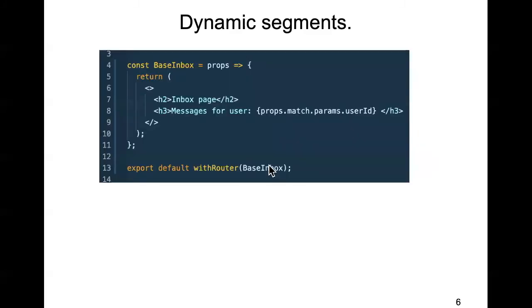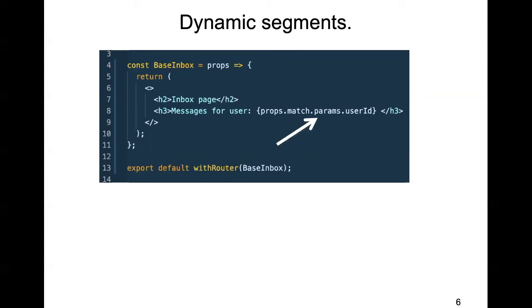Here I'm showing you our inbox component, and really all I want to do is have the component display the parameter value, and that will suffice to prove that the component can actually access it. And so here's the key part. It turns out that the URL parameter is going to be passed to our component as a prop.